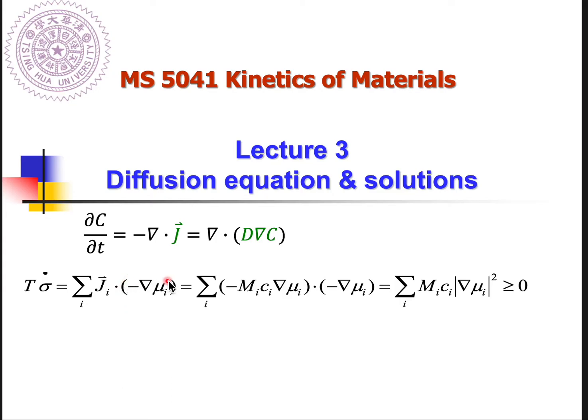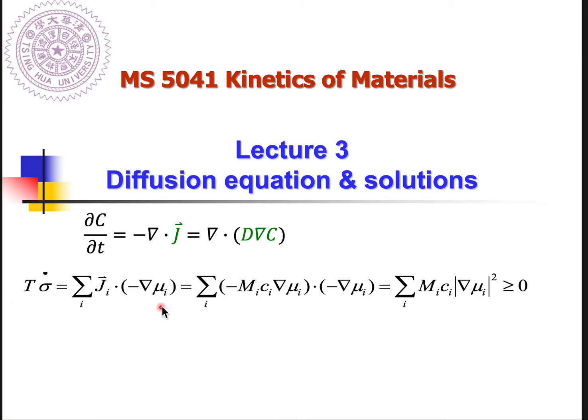The driving force here in mass transport is a minus chemical potential gradient. It's this term, so the atomic flux can be written as mobility times concentration times the driving force. So you get the mobility, concentration, and the chemical potential gradient squared, right?